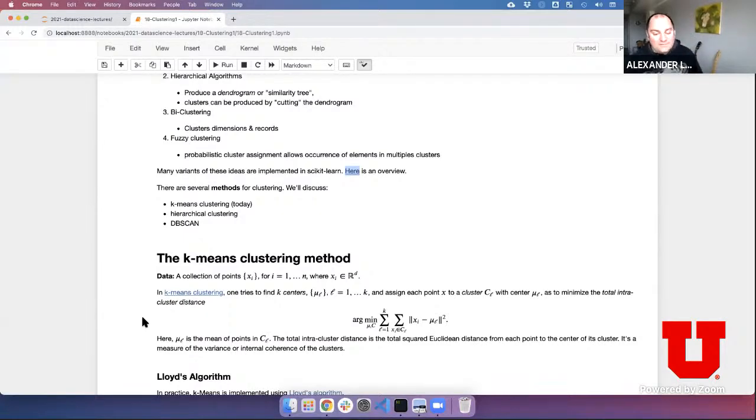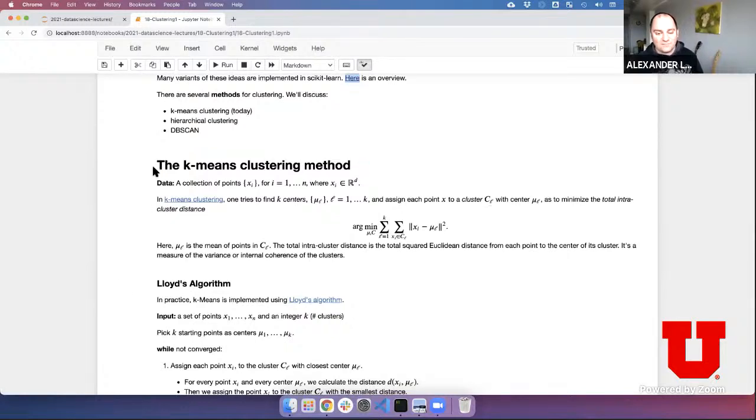Okay, so now let's talk about the most widely known clustering method, which is called k-means clustering. The idea of k-means is that I have a collection of points, xi, for i is 1 to n, and x is some numerical vector. In k-means clustering, we try to find k centers, mu L, where L is 1 to k, and we try to assign each point x to a cluster CL with a center mu L, which minimizes the total intra-cluster distance.